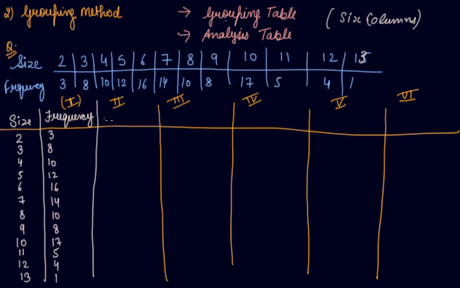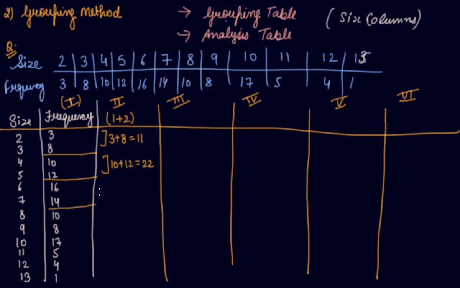In the second column, you'll add the first plus second frequency, which is 3 plus 8 is equal to 11. Then you add the other two frequencies, 10 plus 12, which is 22.